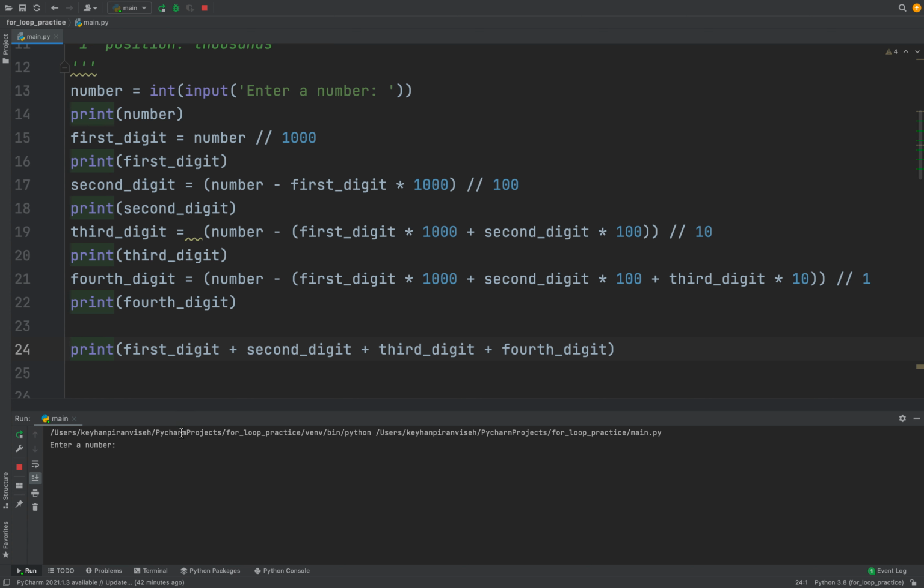Now run it again. 1234, run it, and there you go. So 1, 2, 3, 4. If you add them up, 1 plus 2 is 3, plus 3 is 6, plus 4 is 10.